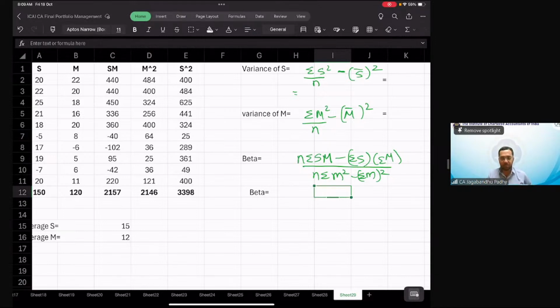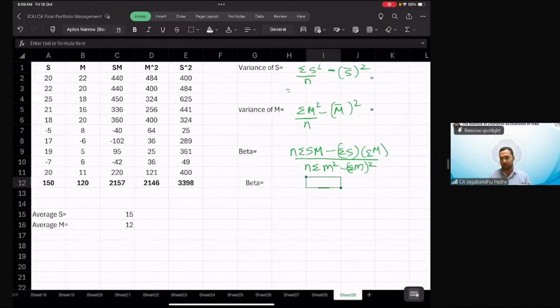Please give me these numbers, guys. I want you to get involved in the calculation. I've given you the totals of security, totals of market return, total of security square, and total of market square is already given to you. I want you to obtain the security variance and the variance of the market. Give me these numbers, guys.